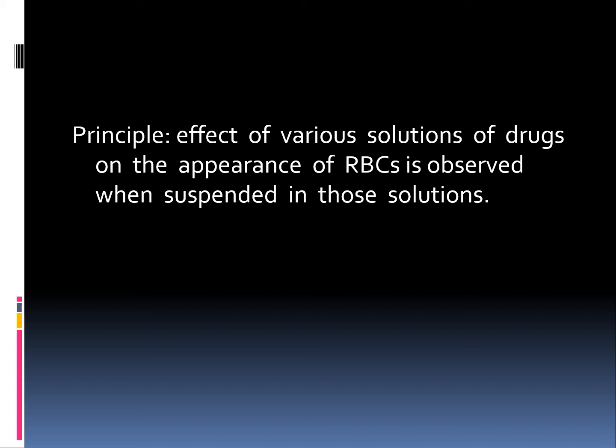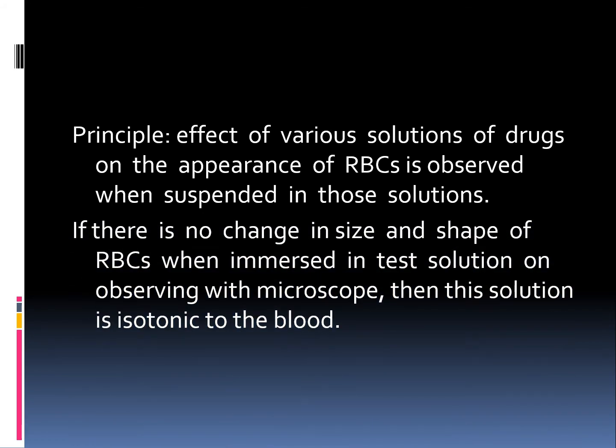Now in the hemolytic method, the effect of various solutions of drug on the appearance of RBCs is observed when they are suspended in those solutions. If there is no change in size and shape of the RBCs when immersed in the test solution, on observing with a microscope, then this solution is isotonic to the blood.